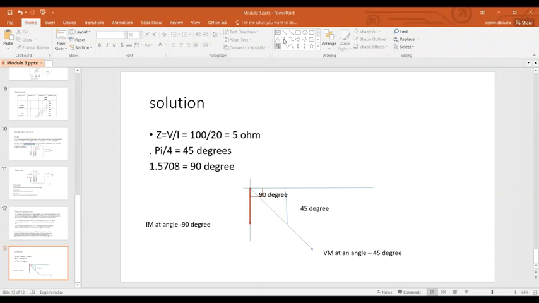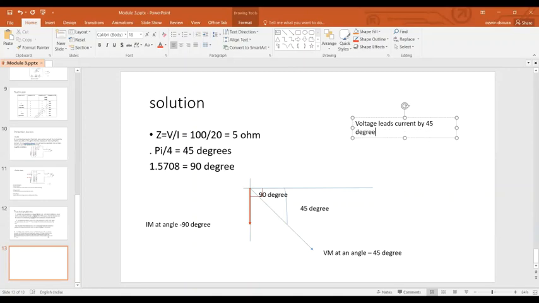Can anyone tell me? 45 degree. Yeah. And what is leading what? Voltage leads current. Right. So voltage leads current by 45 degree. Yeah, 45 degree.